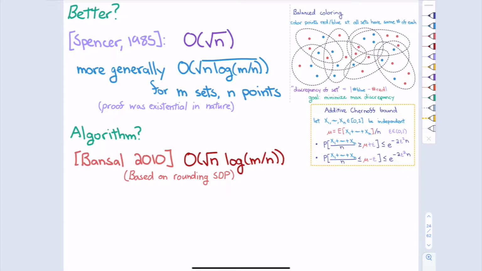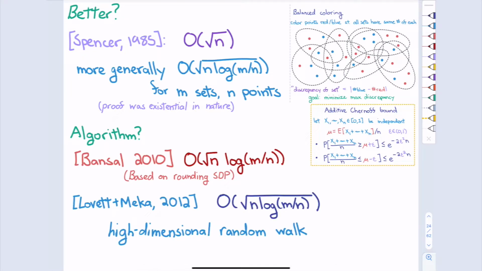So Bansal was able to recover the original Spencer result. The log factor is off by a little bit, but still, it's better than the additive Chernoff. This was pretty exciting. And then just a couple of years later, the bounds were cleaned up to get, again, the proper square root log m over n.